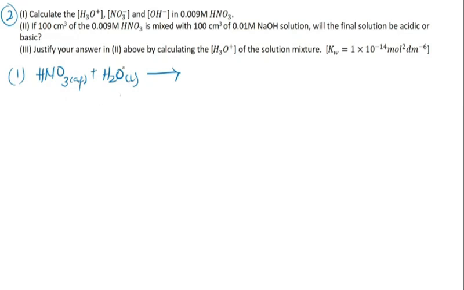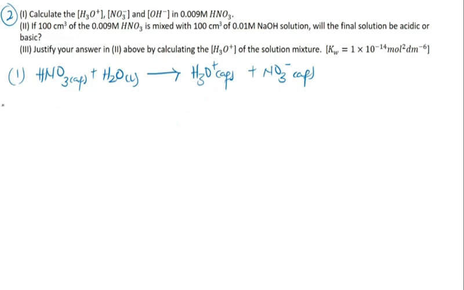HNO3 is an acid, so water will behave as a base. The nitric acid will donate a proton to the water. So we have H3O+ in solution plus NO3 minus aqueous in solution.